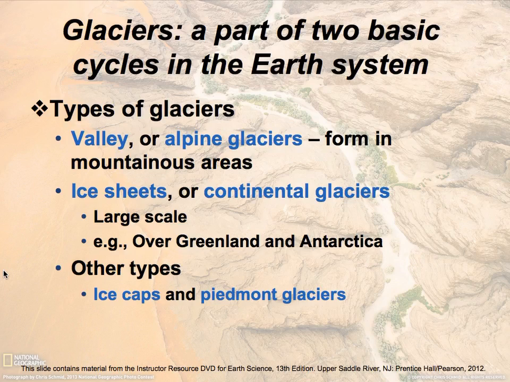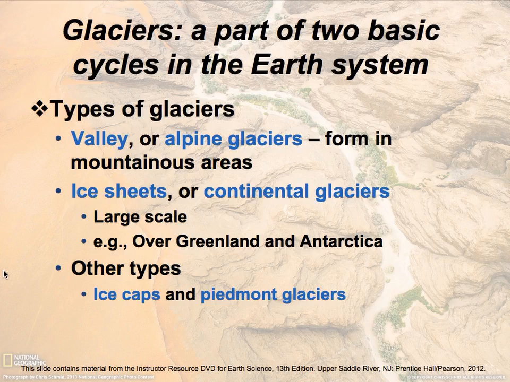The current ones that exist on the globe presently are over Greenland, which is reasonably small in comparison to the Antarctic ice sheet. It's interesting. The ice sheets contain a lot of water.